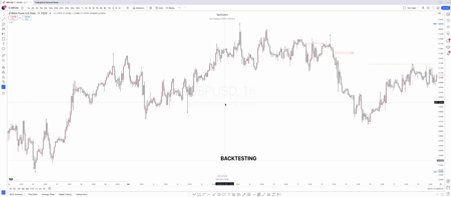It can even happen that the strategy is not up to par. I don't want to say the strategy doesn't work, but it probably is not up to par. So this is where backtesting actually comes in.